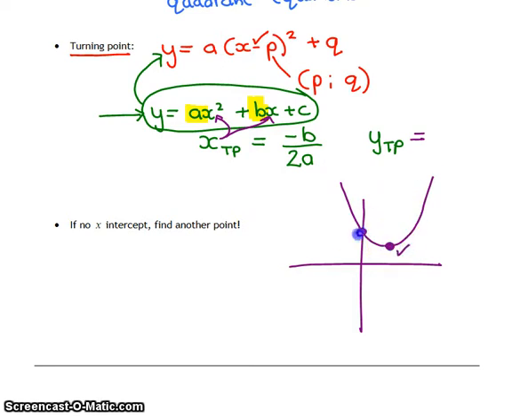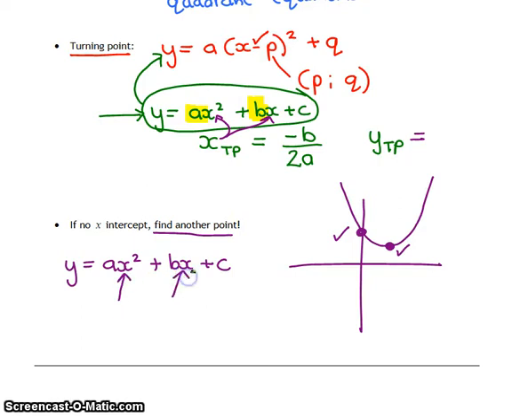I can find my y-intercept as per usual, but we try to draw every single parabola with at least 3 points on it. Now I've written here, find another point. The most important thing to remember with an equation is it is a link between your y coordinate and your x coordinate at any point. So if you ever need to find any point on any sort of function, you can substitute an x value into your formula.